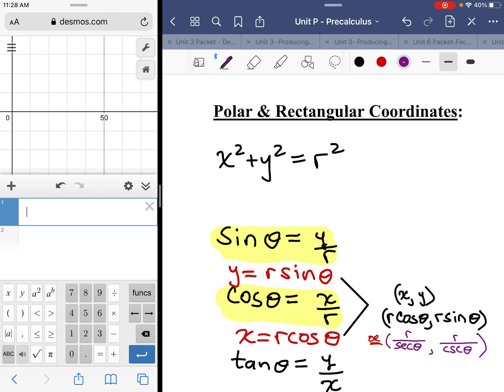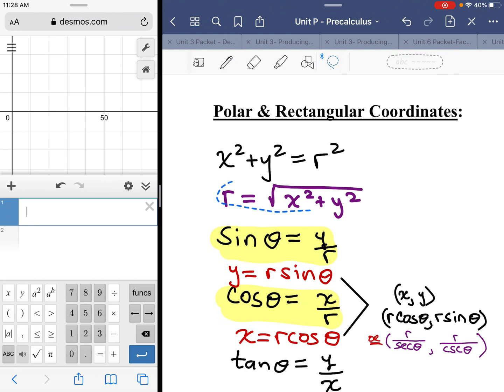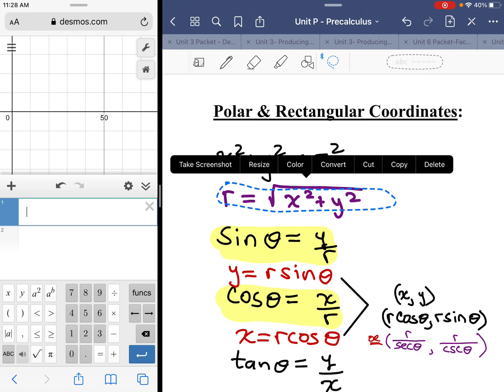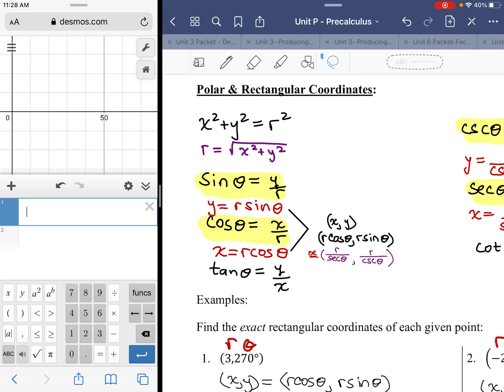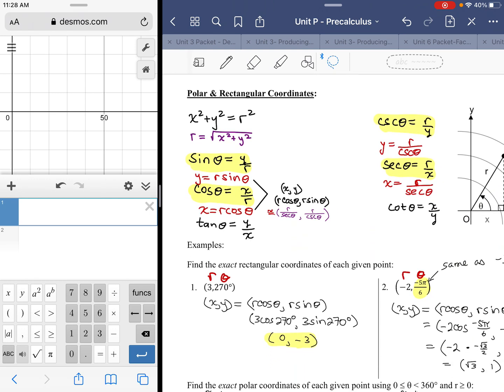If we take a look at that very first equation, the one we glossed over and never looked at again, I can solve that for r. That's going to be equal to the square root of x squared plus y squared. So now I can come up with an r value if I know an x and a y.